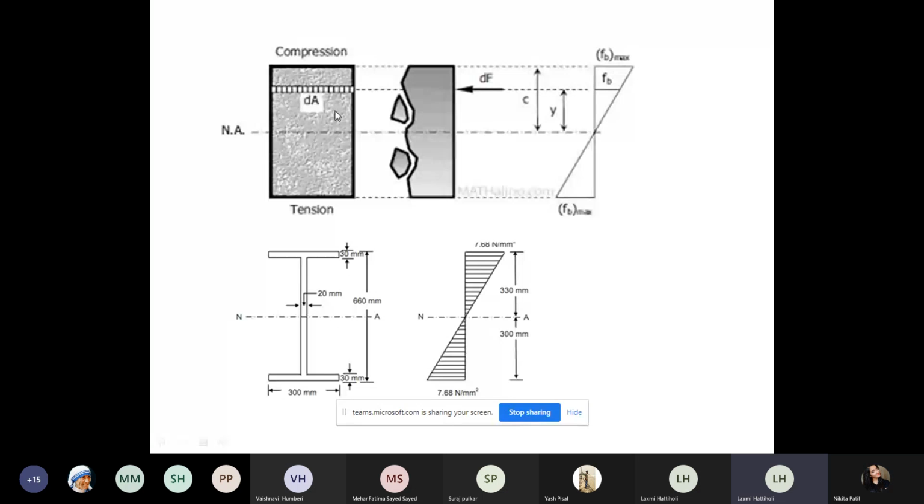Am I audible to you? Yes, ma'am. Okay. So you can see the two here. One is a rectangular section. Can you tell me what is the difference? Shape. Not exactly shape. In the first year you have learned, can you tell me what is inertia?